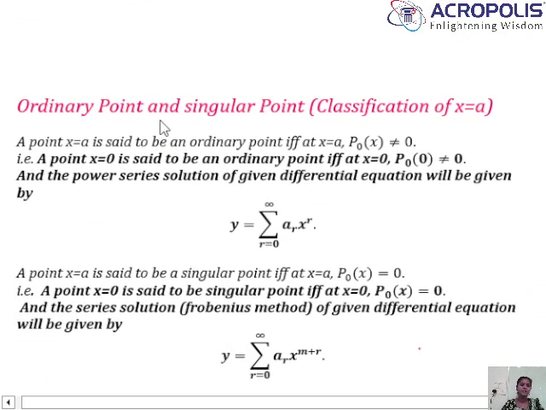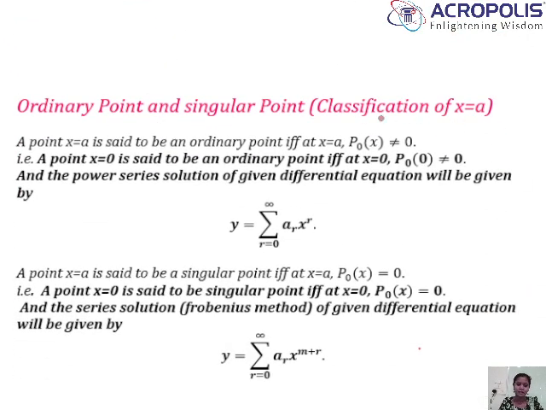Before solving this, we have to know what is a singular point and an ordinary point. See the definition. A point x equals a is said to be an ordinary point if and only if at x equals a, p naught of x is not equal to 0. What is p naught of x?